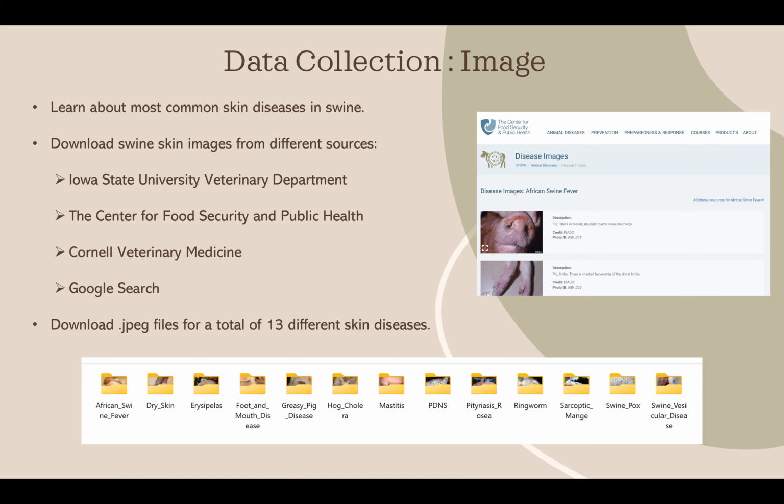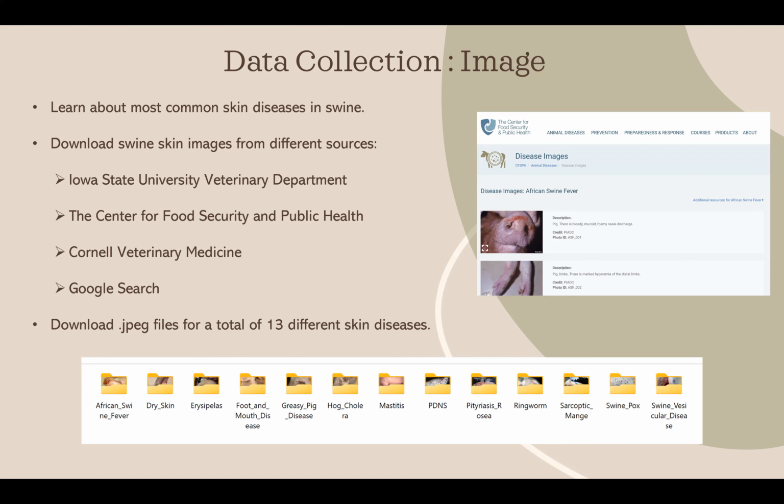So for the first step, as we spoke earlier, it's data collection for the images. The first step is to learn about the different kinds of diseases that affect the swine respiratory system as well as the swine skin. We learned about these diseases through some veterinary websites, some of which have databases with images and audio data.